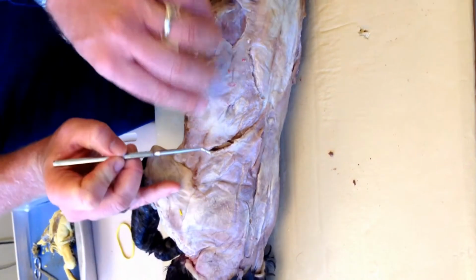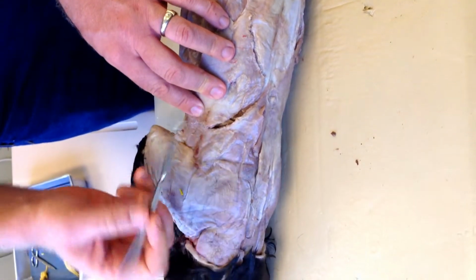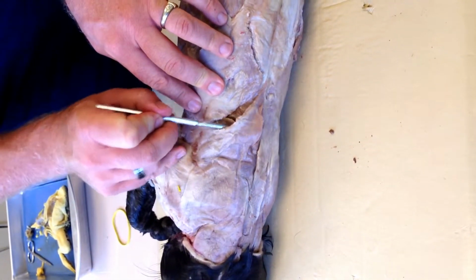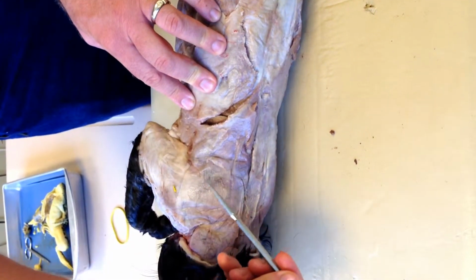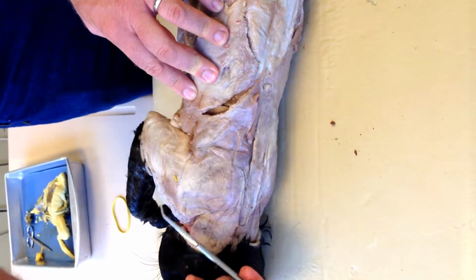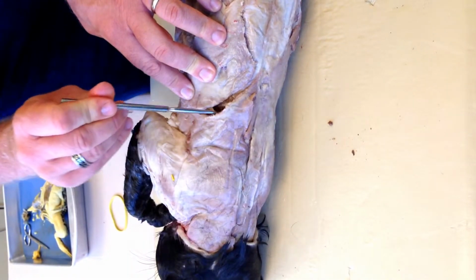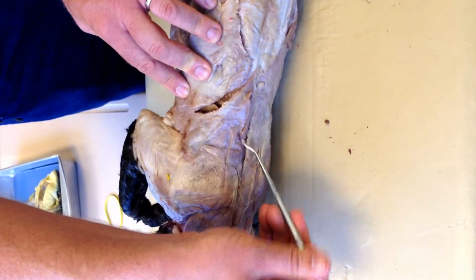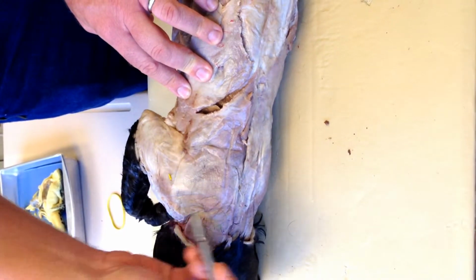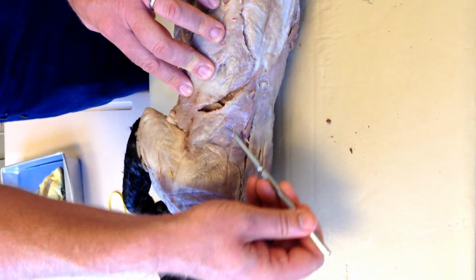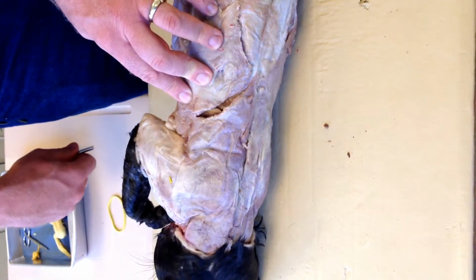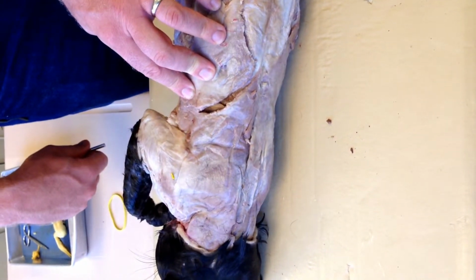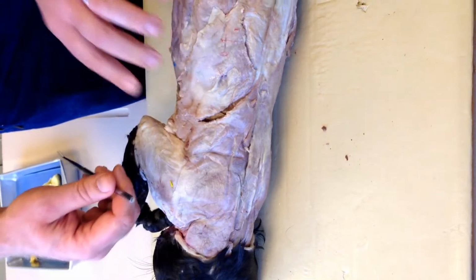Just anterior of that, and actually lapping over the top of it a little bit, is this muscle that attaches to the spine and actually wraps around the shoulder here a little bit. And one edge of it is here and another edge of it is here, and then it gets lost underneath some other muscle. Number 23, what is this muscle right here? Number 24, back on the thigh.